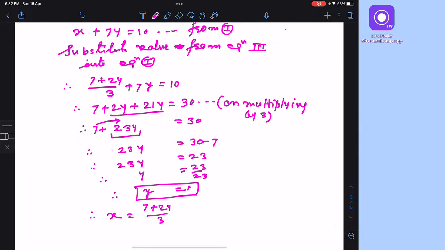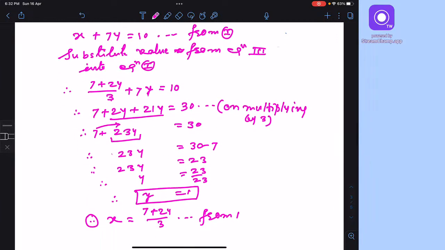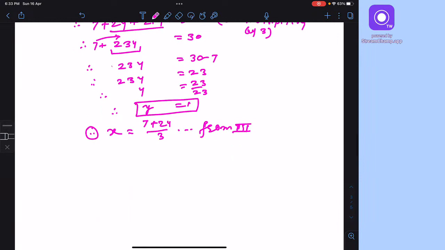If you are writing this, 'therefore' is not required. This you can say from 3. This 'therefore' refers to when it is a continuation of the previous. Therefore, x is equal to. Now this you have to substitute. This you can say equation number 4.